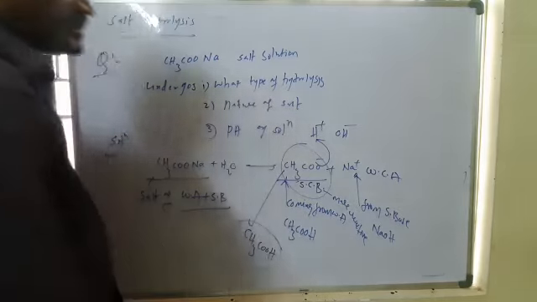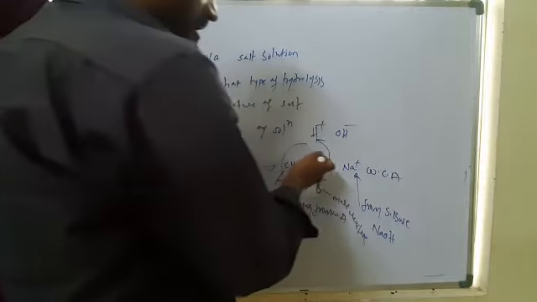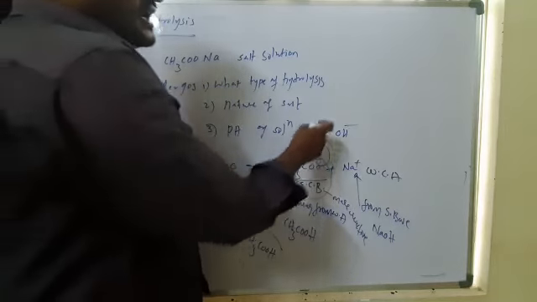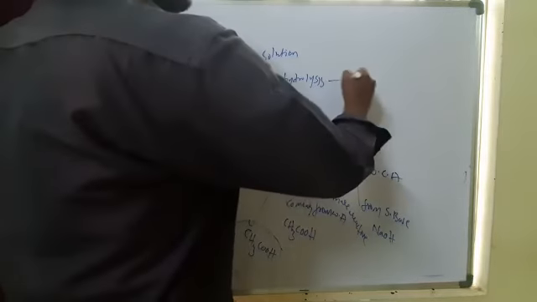So the anion, the negative ion, is reacting with water. This hydrolysis is called anionic hydrolysis.